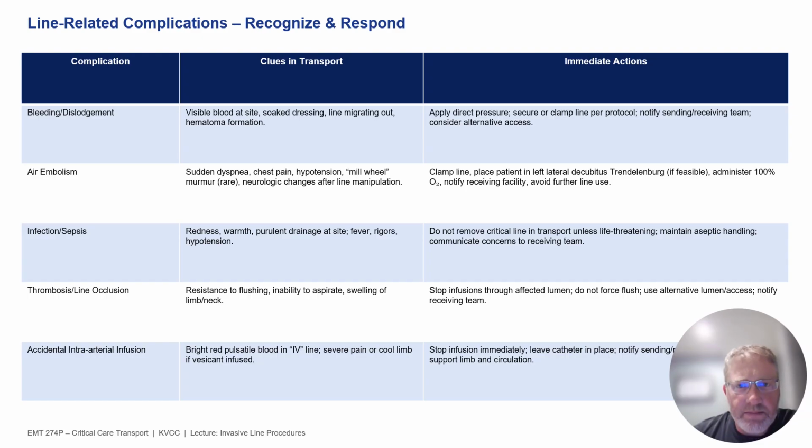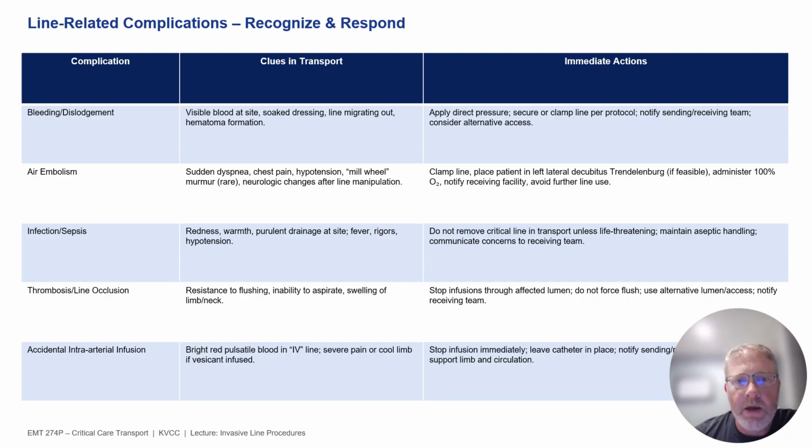Air embolism. Air emboli are subtle and frankly they're terrifying. With an air embolism, the clinical assessment is really sudden dyspnea, chest pain, and hypotension after you manipulate the line.